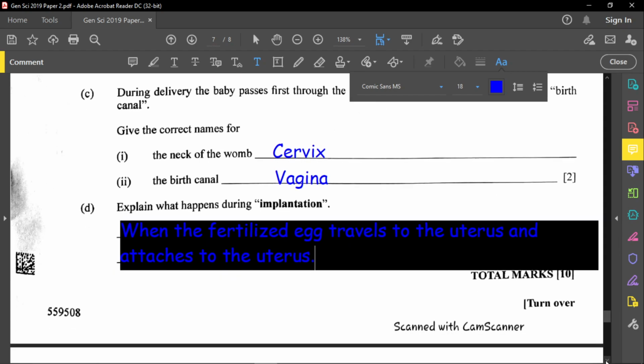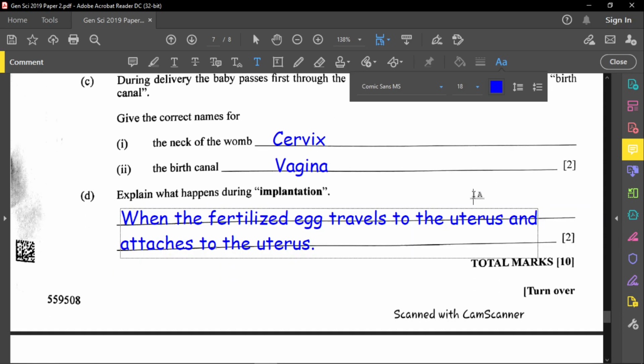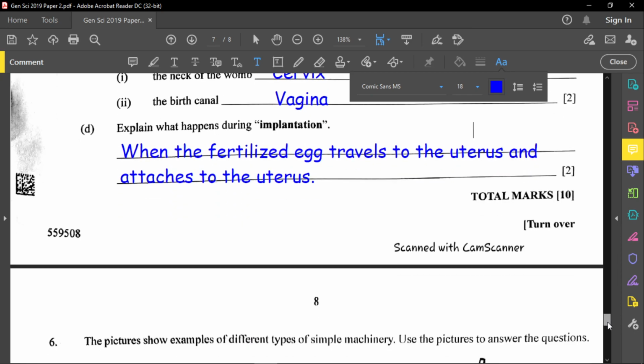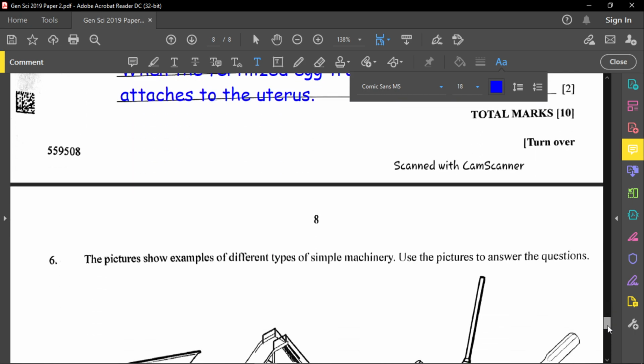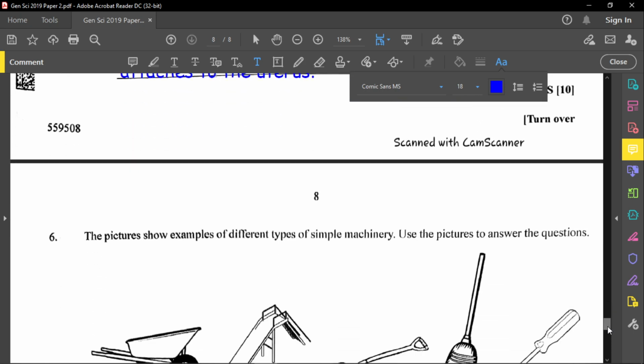So the placenta will eventually form, and then after the placenta forms, then you'll have the umbilical cord, and then that development now will start taking place. You have the amniotic sac and then the amniotic fluid, and then the child will stay there and develop.